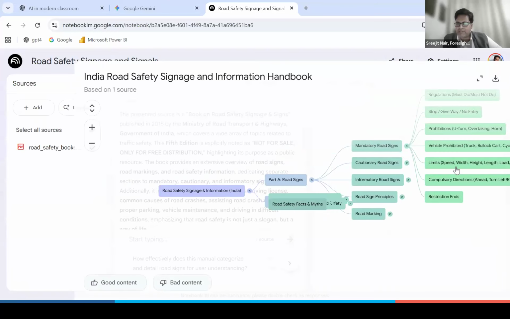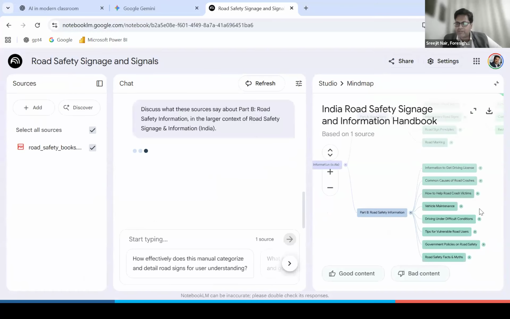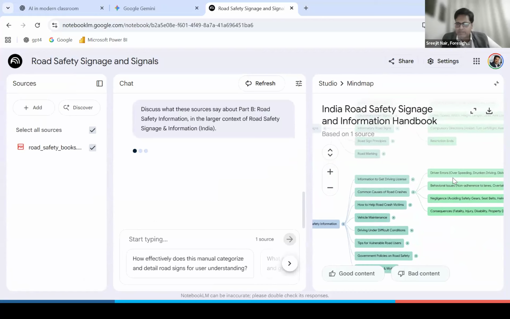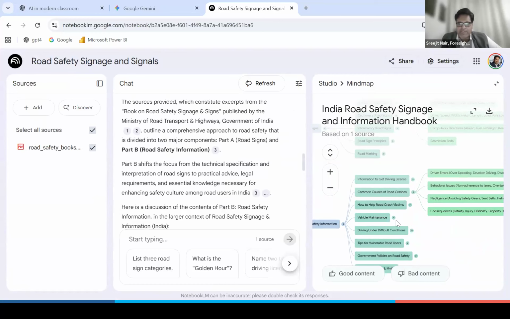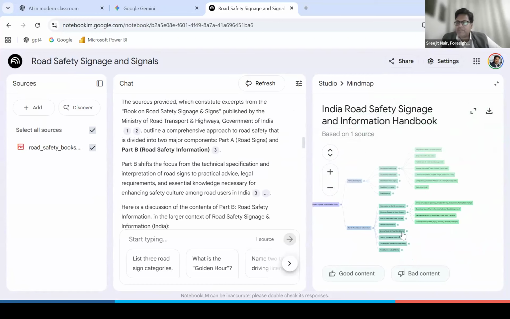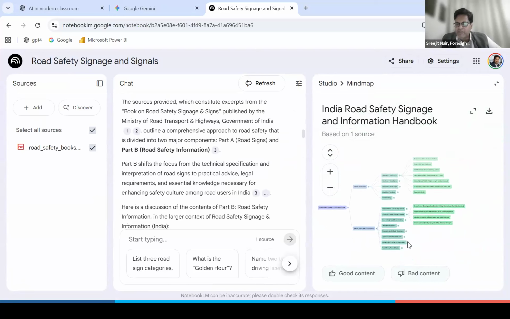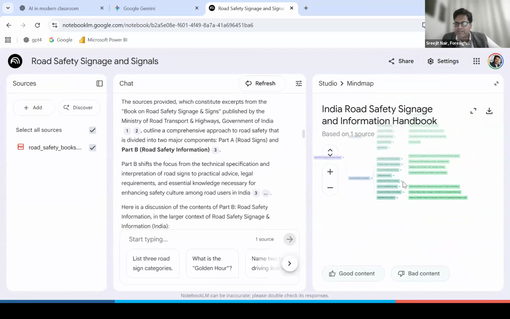Part B is saying information to get a driving license, common causes of road accidents. Oh, what are the common causes of road accidents? Okay. Driver error, behavioral issues, negligence, avoiding consequences, avoiding safety and fatalities. So these are the aspects. So it is making the entire mind map, and you can just open everything and download it here.